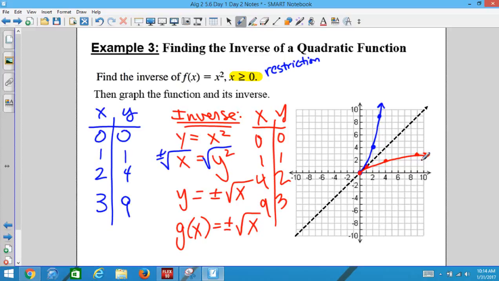So you divide by negative and square root it. What happens when you square root it? And that's what we're about to talk about.